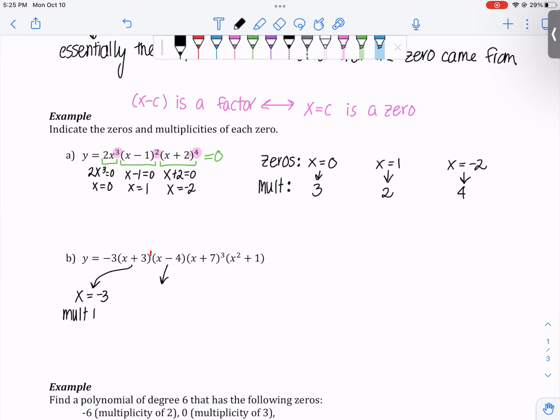For this factor, x minus 4, the zero is 4. And the multiplicity, there's no exponent, so it's a 1. For this factor, opposite sign, right? x equals negative 7 is the zero. Its multiplicity is 3.